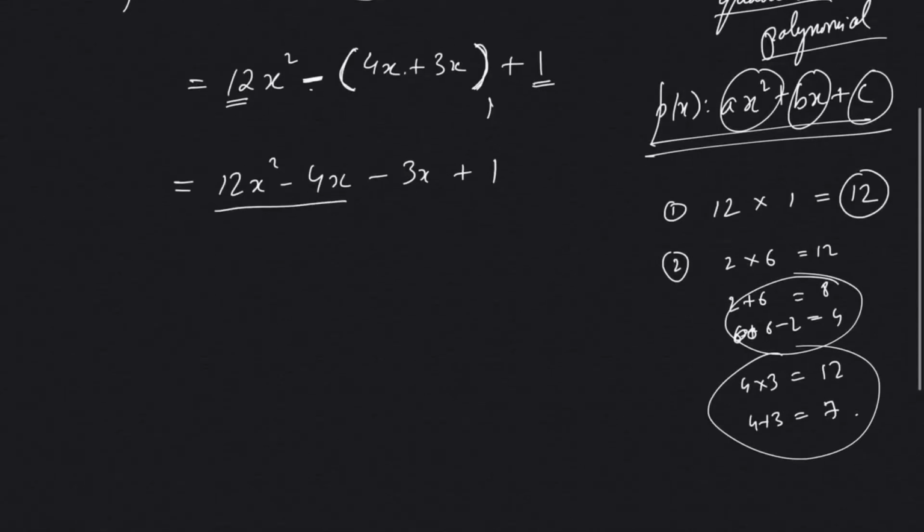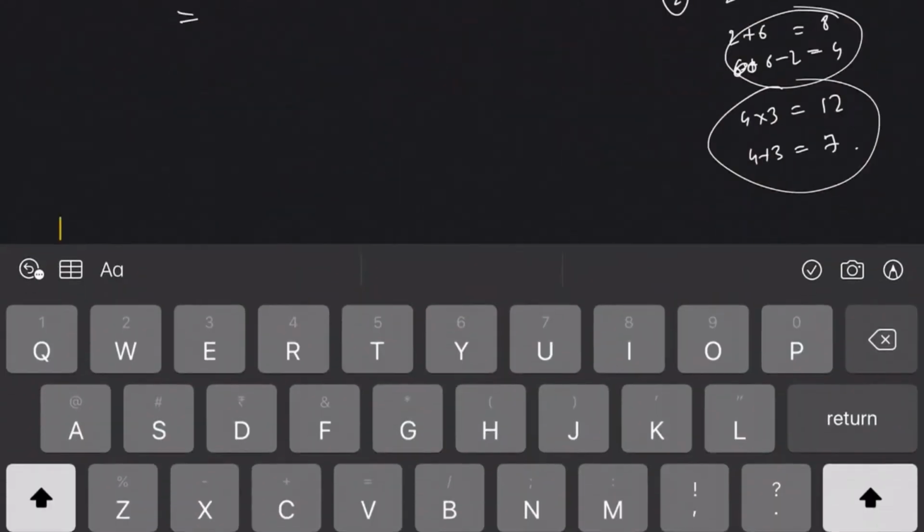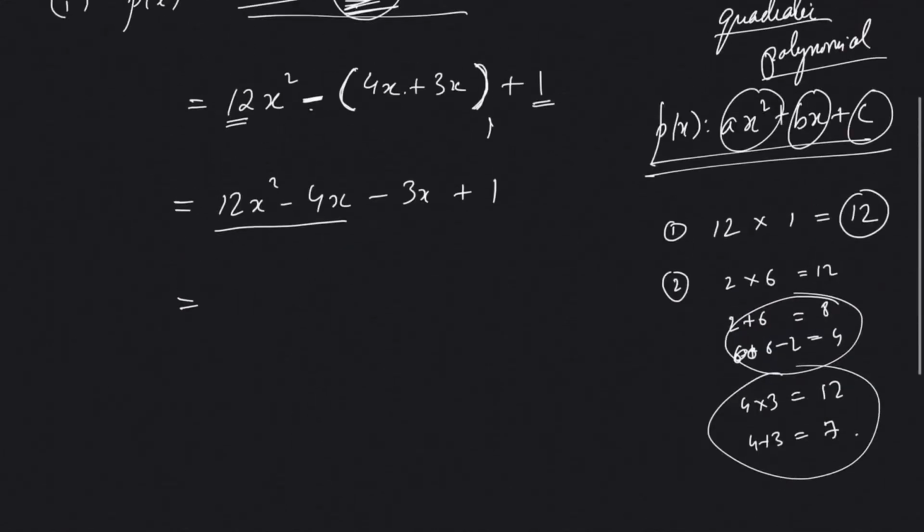Now from the first two terms, let's take any common factors present in the two terms. So 4x we can take common. That will be 4x into 3x minus 1, since 4 threes are 12 and 4 ones are 4x.